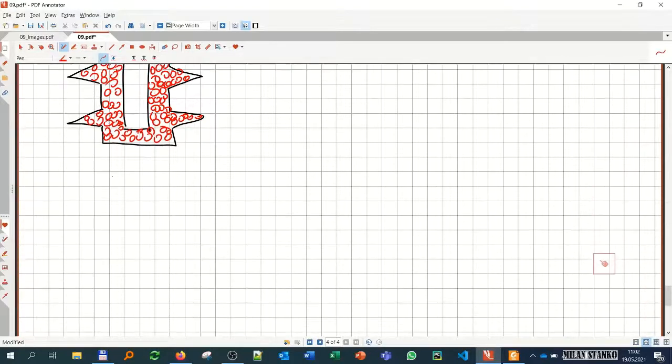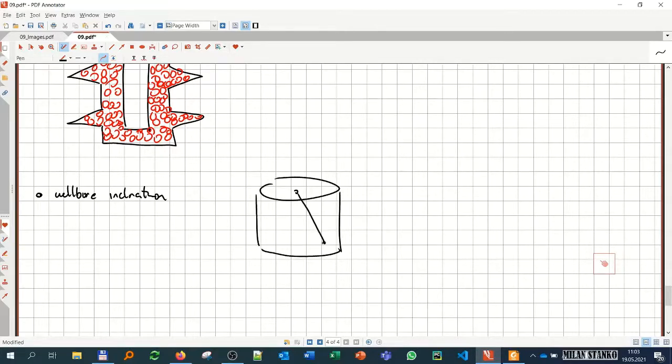other things that can also be captured with skin are wellbore inclination. Maybe we're not doing exactly wells that are vertical, but they are tilted, inclined, so I can also include that. Close to that, I also have the permeability anisotropy, that KV is usually much smaller than the KH.